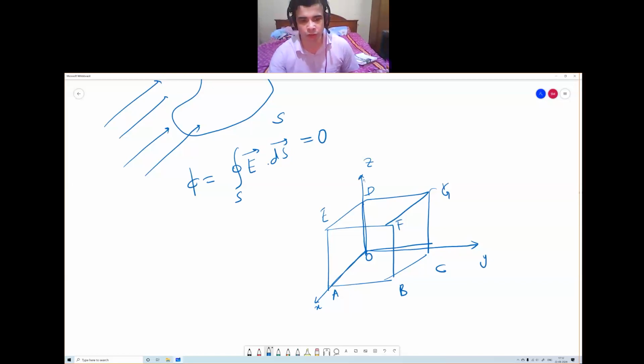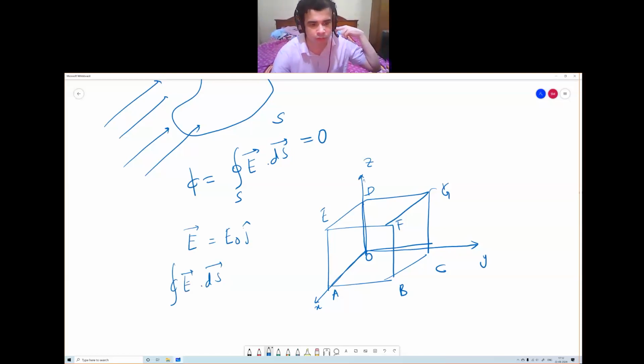I have a constant electric field E equal to E0 j. So what is the flux of the field, the integral of E ds integrated over the cube? How to find that?